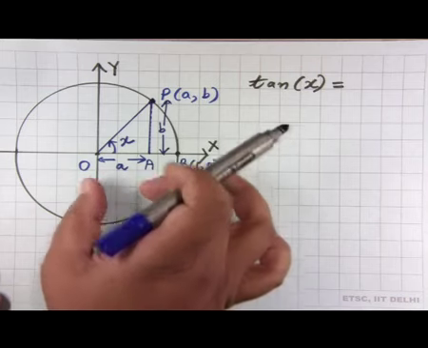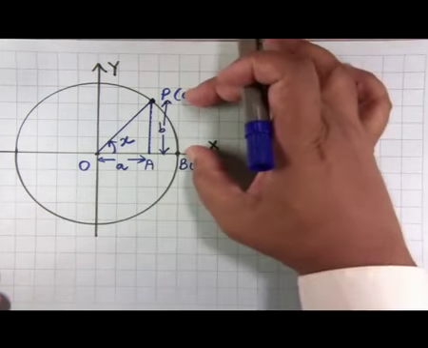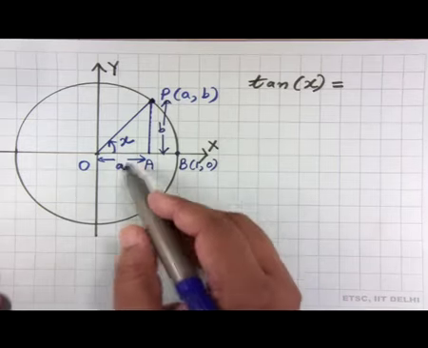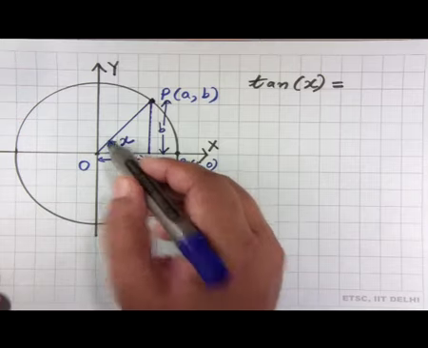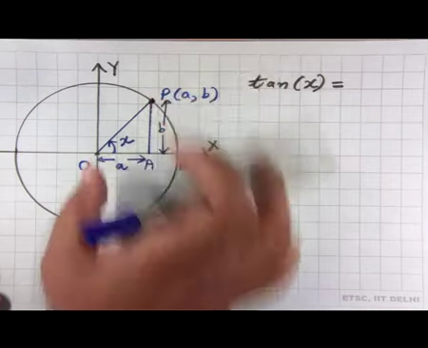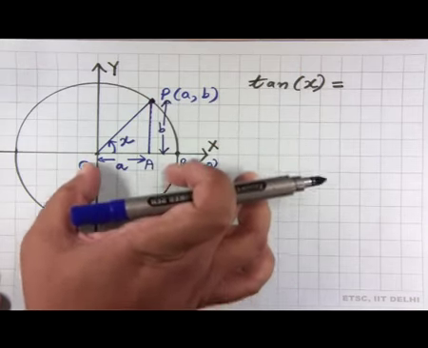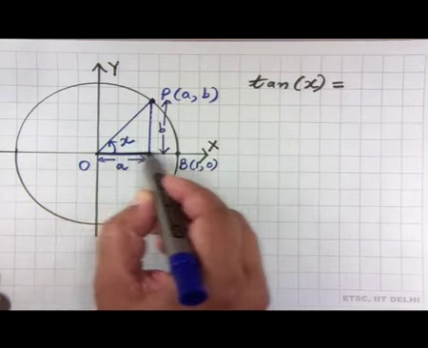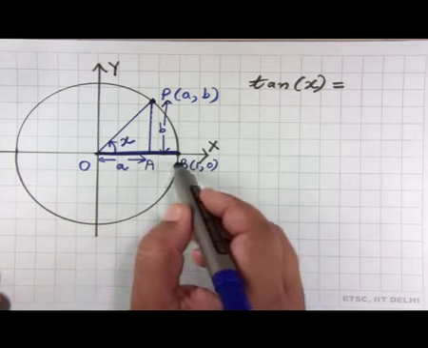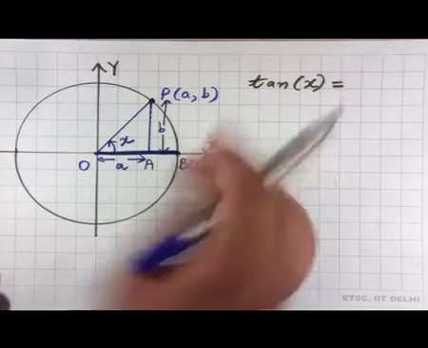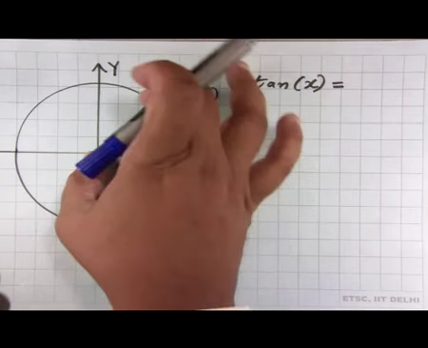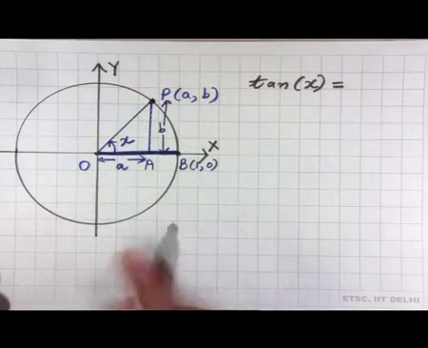So, this is a and this is b. Therefore, the tangent of the angle of rotation: the radius OP is initially at OB. We initially have a ray OB, and for B to reach this point P, we have to rotate this ray around the center O by an angle of x. So, the amount of rotation is x.